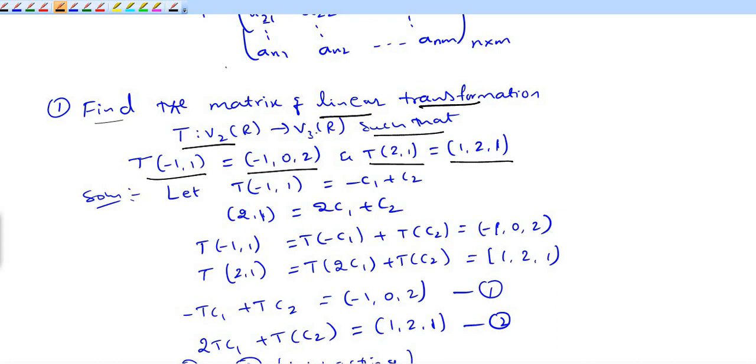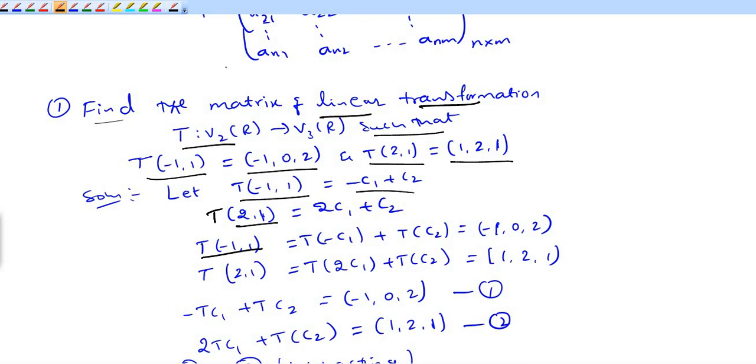We need to find the matrix of linear transformation for this. So let us consider (-1, 1) is equal to -c1 plus c2, and (2, 1) is equal to 2c1 plus c2.